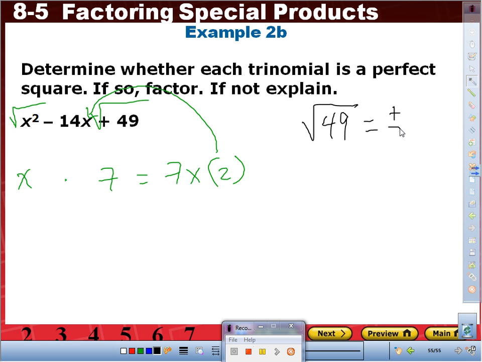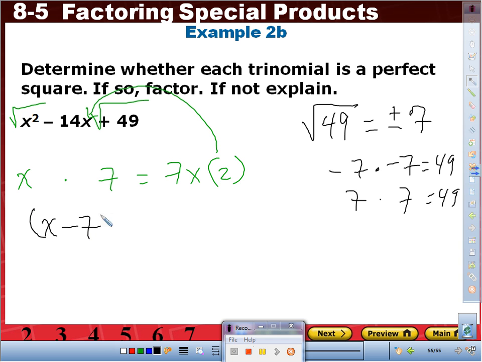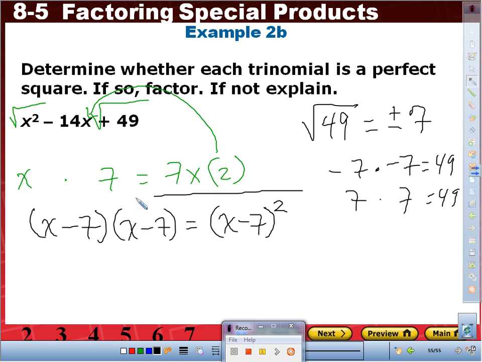Plus, minus 7. Why? What is negative 7 times negative 7? And what is 7 times 7? So therefore, what would be my factors if this is a negative? X minus 7 and x minus 7, which could be written as x minus 7 squared.